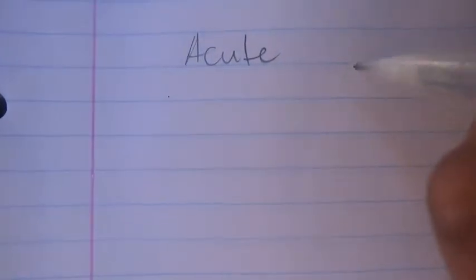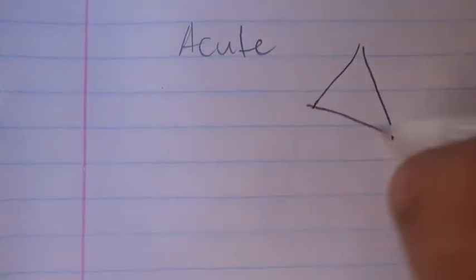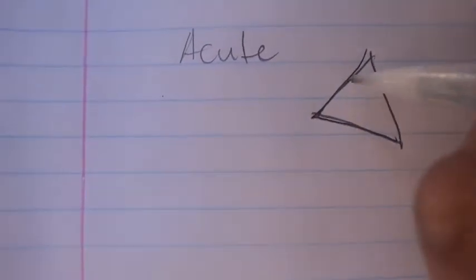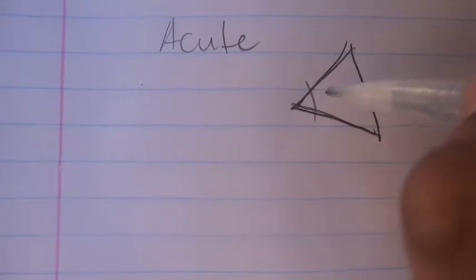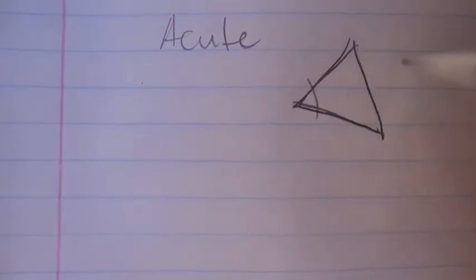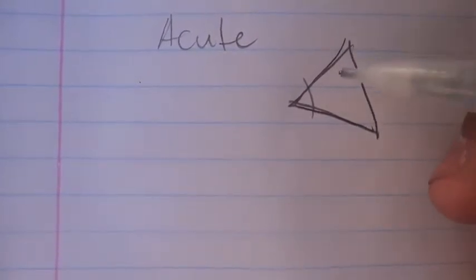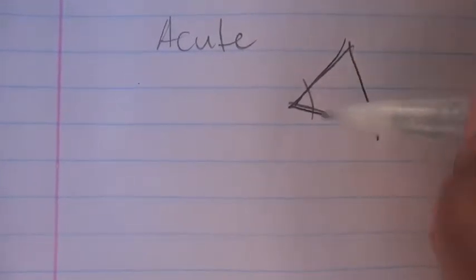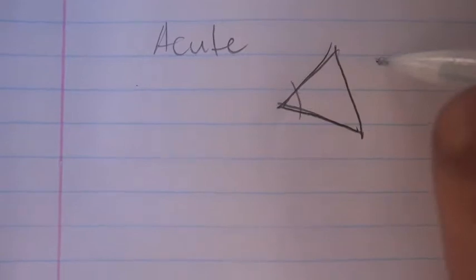An acute triangle has all angles acute, meaning they're all less than 90 degrees.